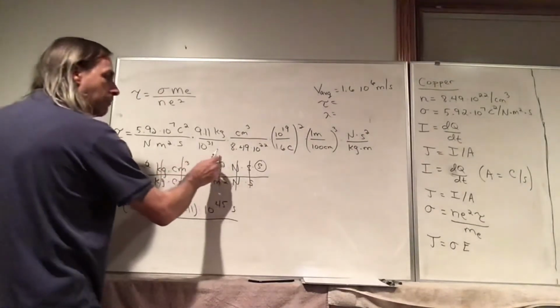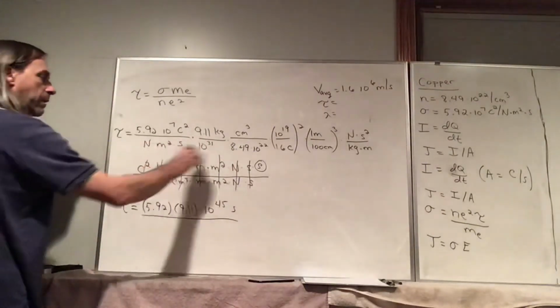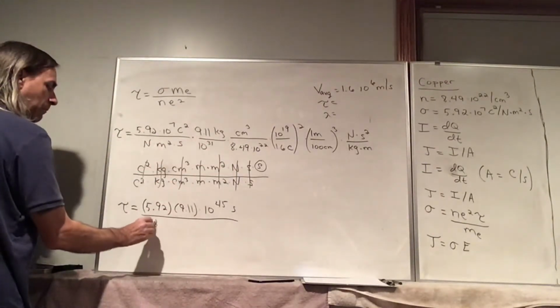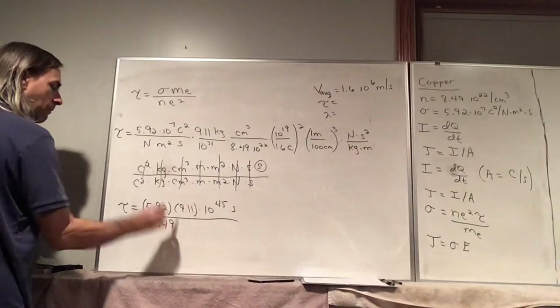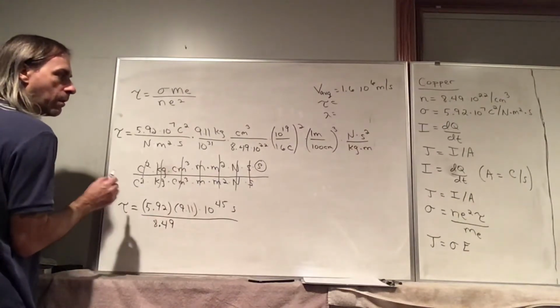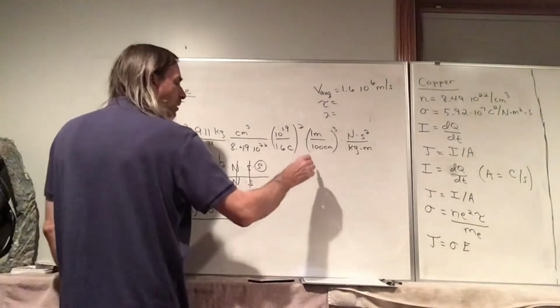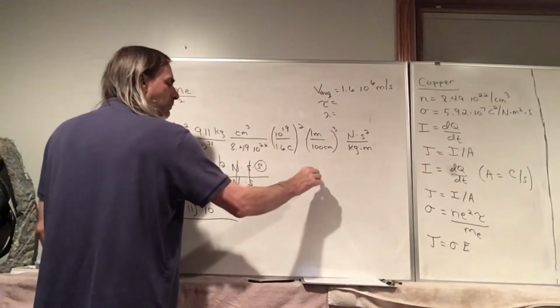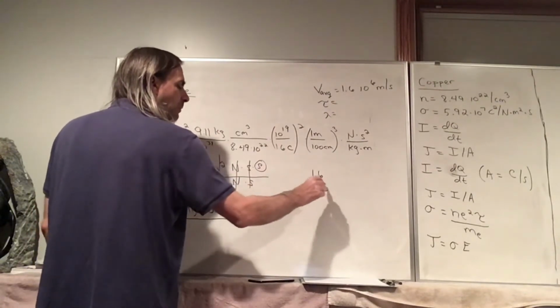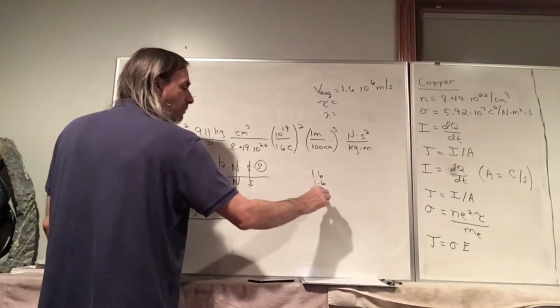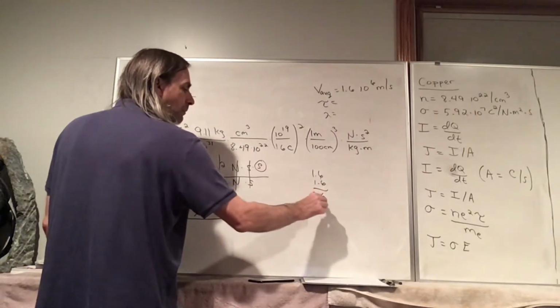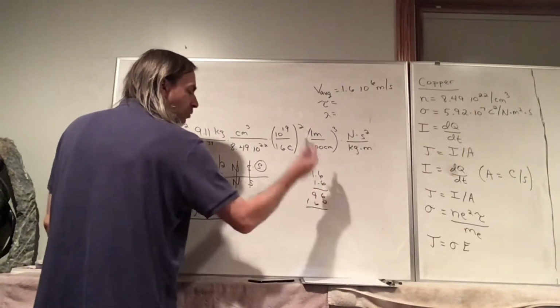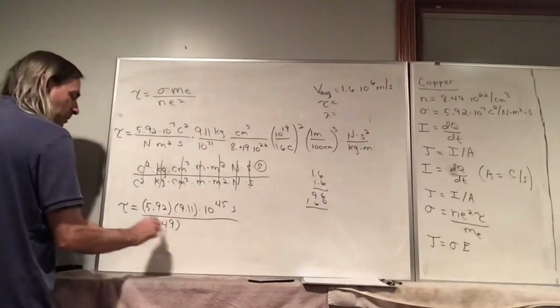Now on the bottom, we have 8.49. 1.6 squared. Yeah, it's 2.56.